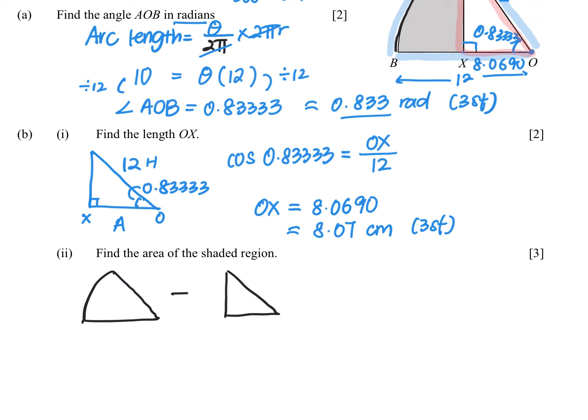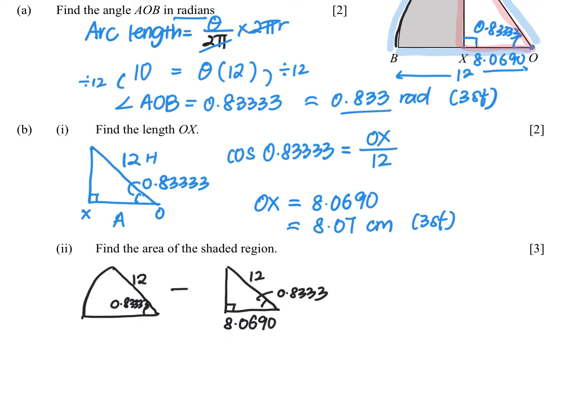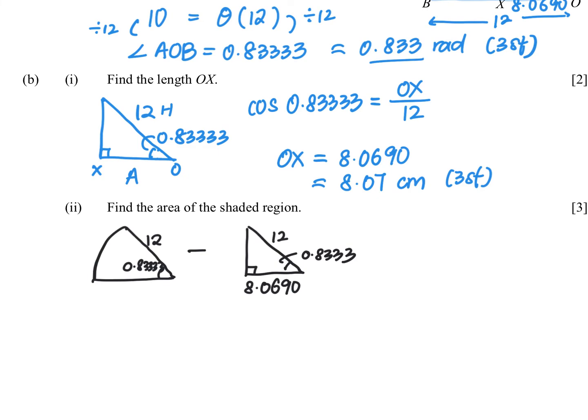Okay, I know this angle is 0.83333. This is 12 as the radius. And this is 8.0690. This is 12. This angle 0.8333.